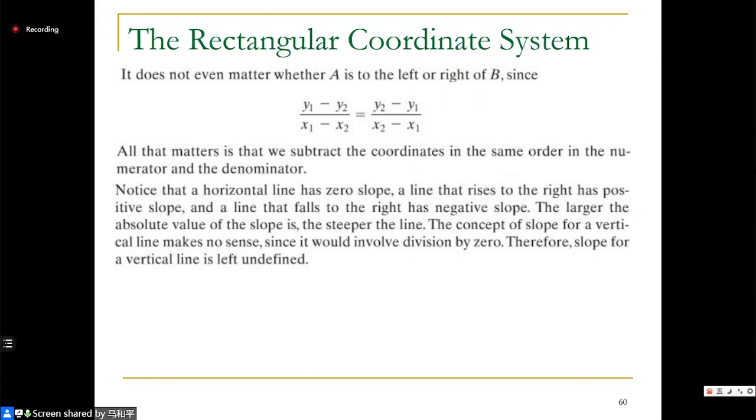This is the fixed point, and now the equation of this line is y2 what? Is this right?